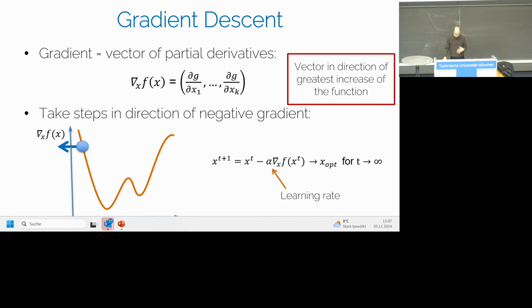And so if you update this stepping, then for t going to infinity, you would get an optimal solution that would be the nearest local minimum. I say nearest local, that's not necessarily true, but the local minimum in the descent direction, whatever you find there, right?